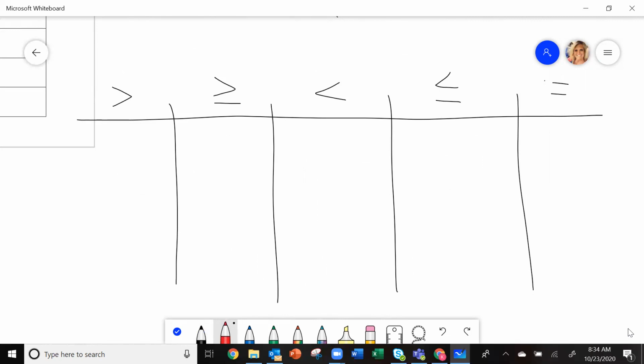Whenever you have something that has greater than or less than, you're going to use an open circle when you graph. And you'll see what I mean in a minute. And you use an open circle because it's not equal to. So open circle.